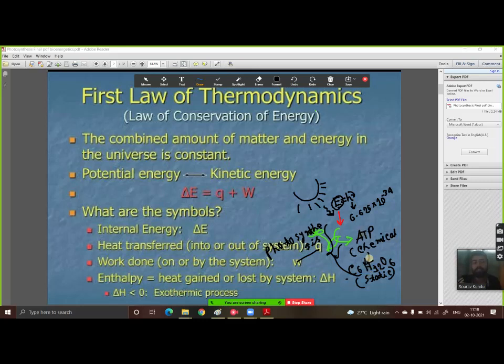Please students, don't think that ATP is converting into glucose. ATP is not converting. The energetic form, chemical energy, is converted into static energy, and this static energy is incorporated inside the bonds of glucose.